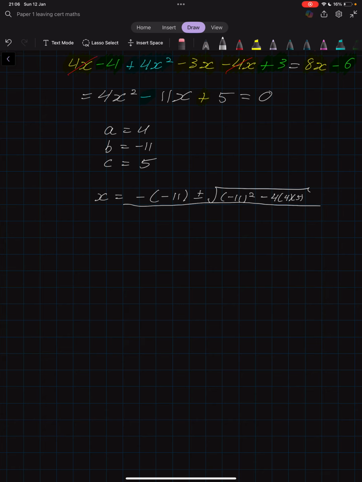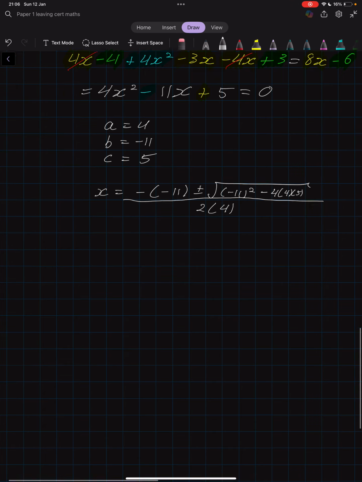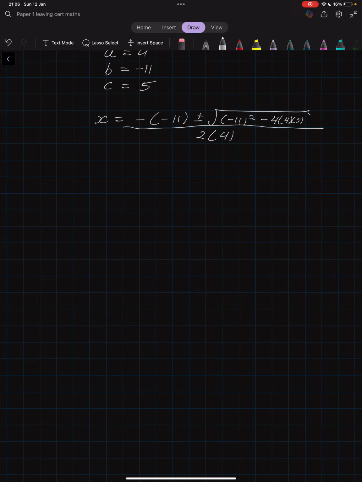So I get x equals, minus by minus is plus, so it's plus 11, plus or minus the square root of 121 minus 80, all over 8. So x equals 11 plus or minus the square root of 41 over 8.